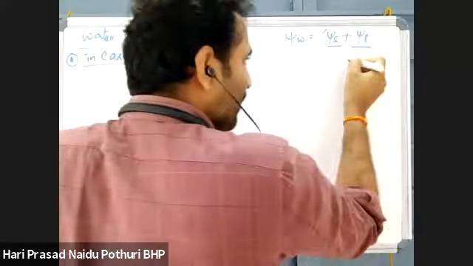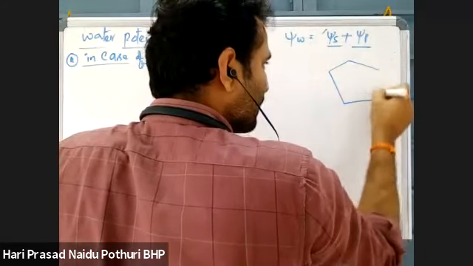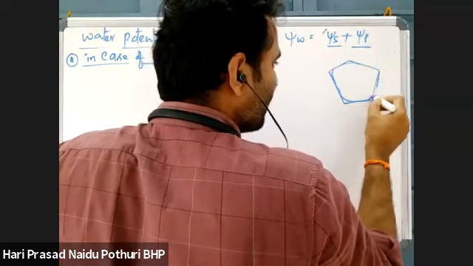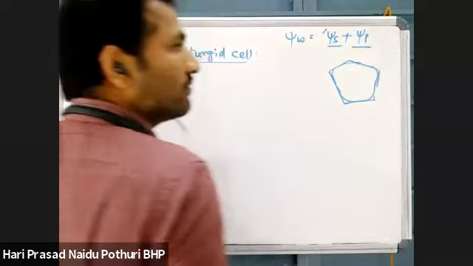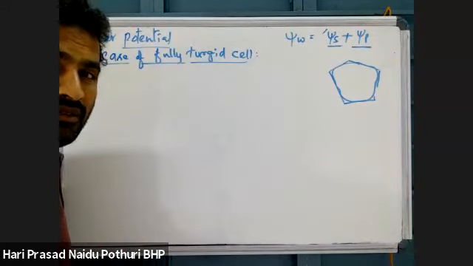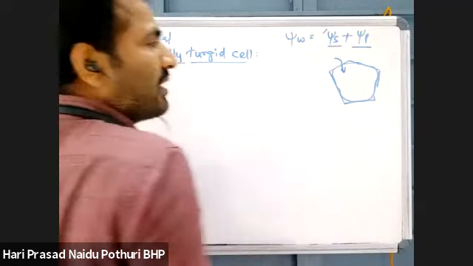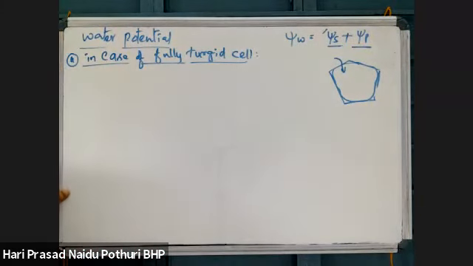Here a cell, take a plant cell. This plant cell has a cytoplasm. Inside that cytoplasm, water is fully filled. Maximum water. Yes. Cell filled with the maximum amount of water. That is what we call fully turgid.